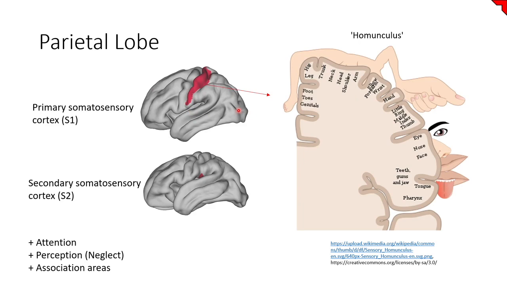For this, they need further association areas or further interpretative cortical areas, for example, this secondary somatosensory cortex. And here, the understanding of what we are touching or what we're hearing is actually developing.